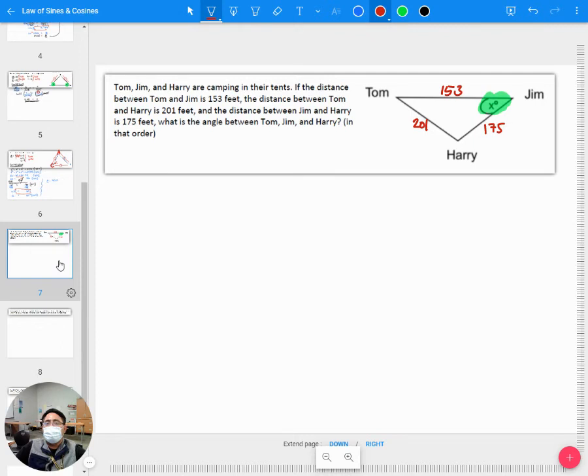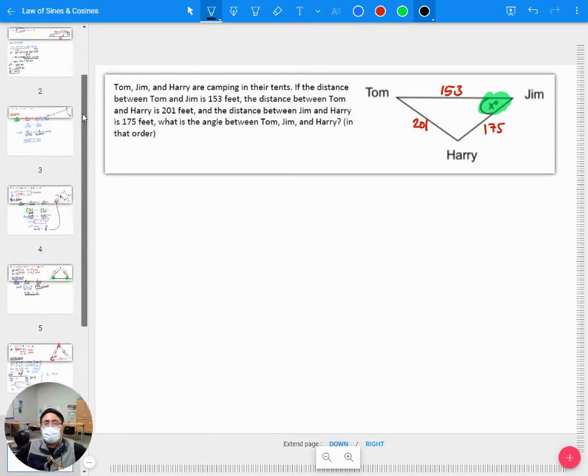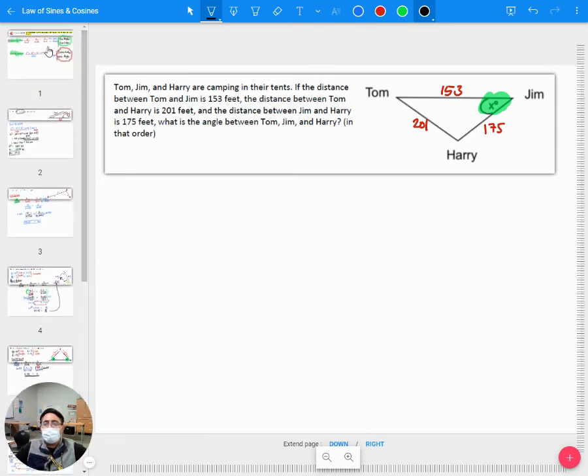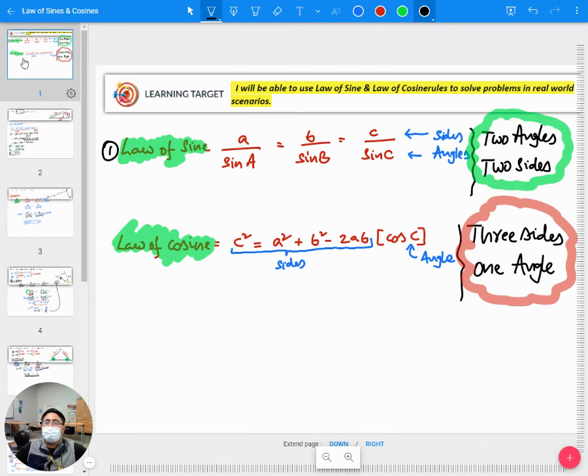Now, if you observe carefully, we know the three sides in this question, and you're asked to find the missing angle. Therefore, three sides and one angle. So I think I need not explain again what to do.